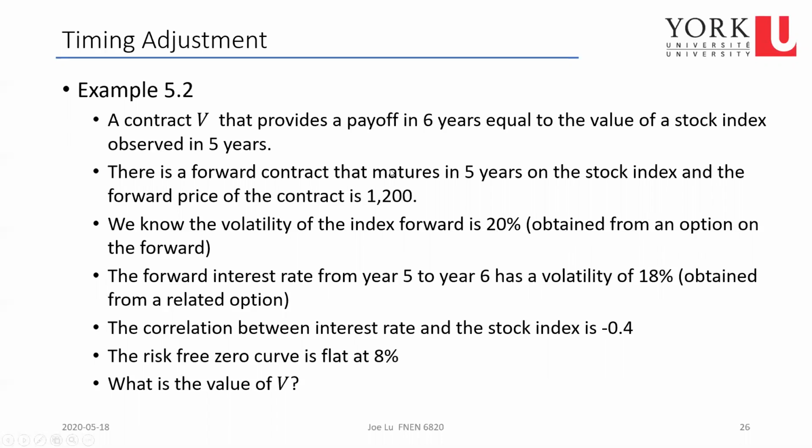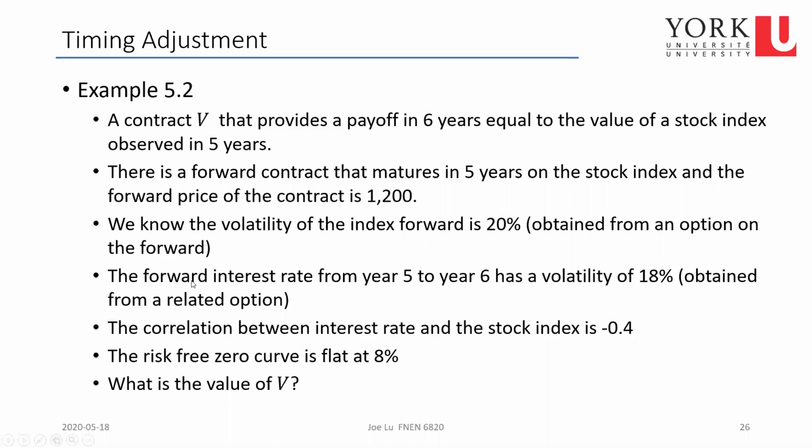Okay, so the forward contract, in year 5, whatever the stock index value is, that's how much the contract is going to pay you. If the index value in year 5 is 1,000, the contract pays you $1,000. If it's 2,000, it'll pay you $2,000. And that particular contract right now has a value of $1,200.